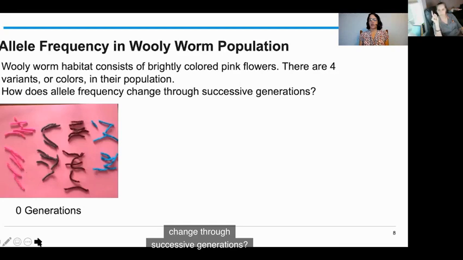My hint is my mother has blue eyes, so I know I carry at least two different alleles for eye color, brown and blue. What are some other alleles that would exist? Good. Isla says hazel, green. Yes.